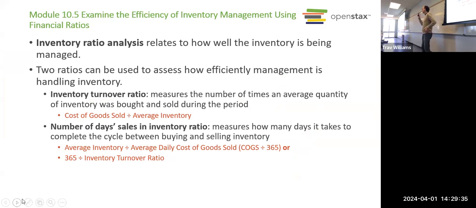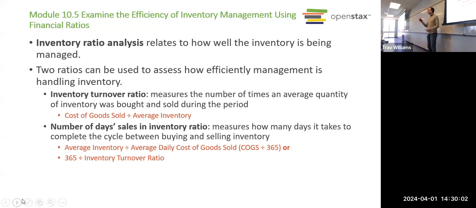Okay, so again, now we are going to talk about ratios. In chapter 9, the accounts receivable turnover ratio, you might remember, was pretty simple. Well, same thing with our inventory turnover ratio. You take your cost of goods sold, divide it by your average inventory.